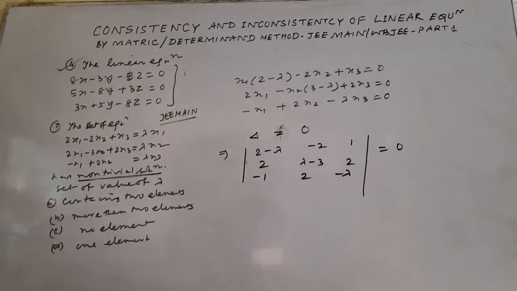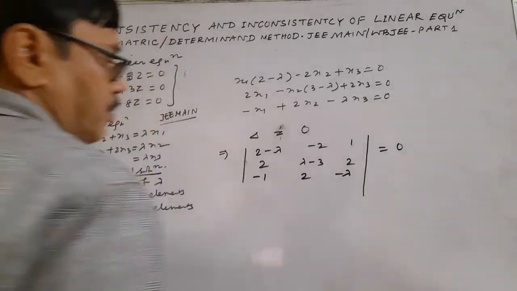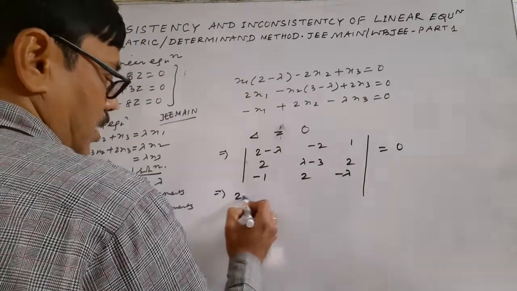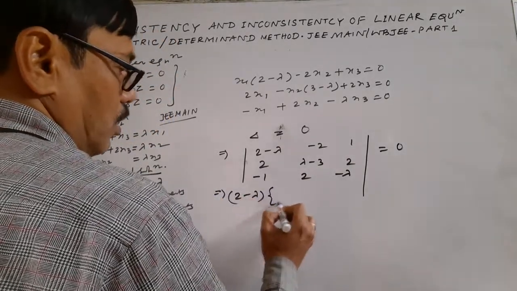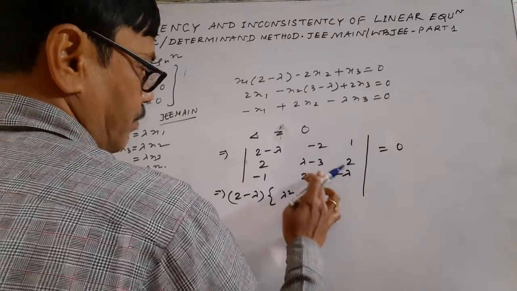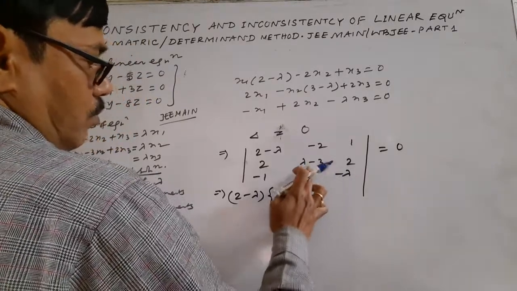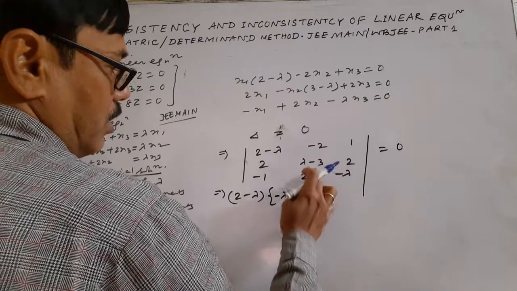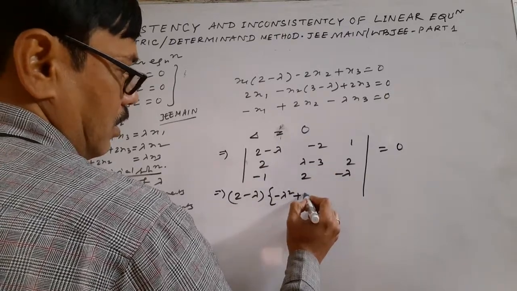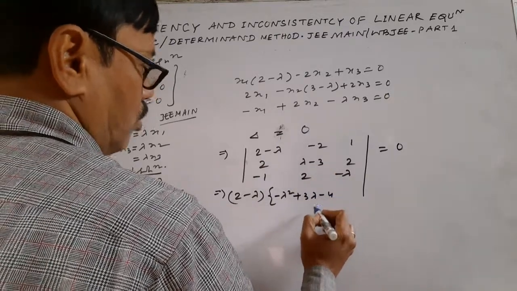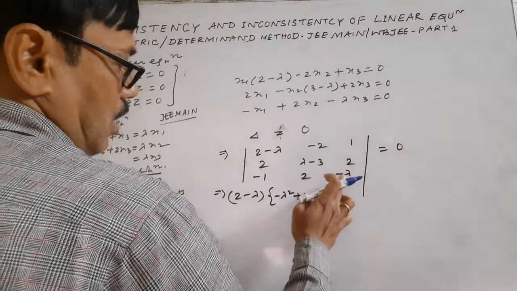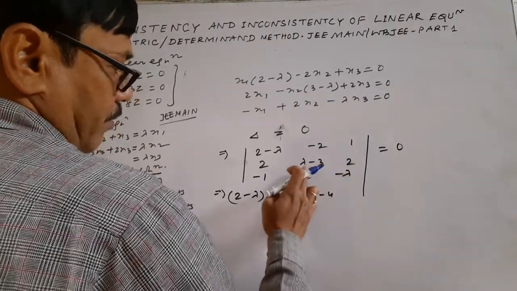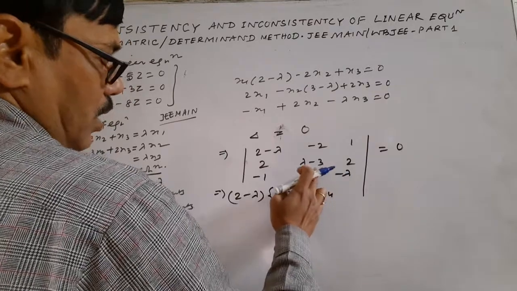Now we have to expand it. So (2 minus lambda) into (lambda square minus lambda square plus 3 lambda minus 4), this into this.